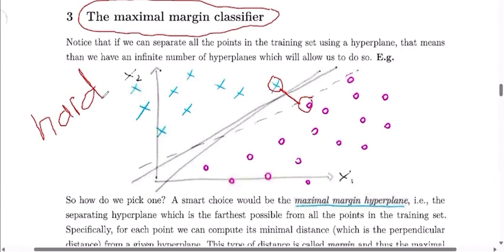It's not soft at all. It maximizes the distance between the upper plane and the nearest data point, which I call the support vector, without allowing for any misclassification.